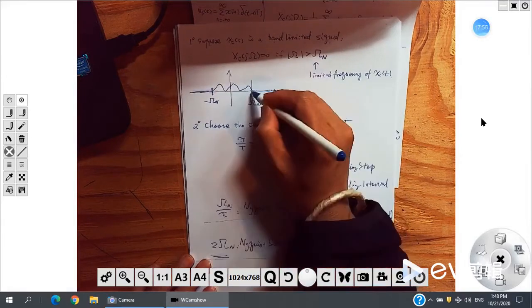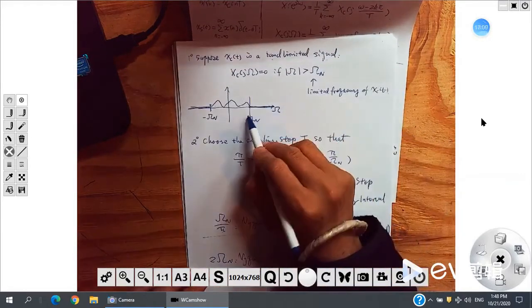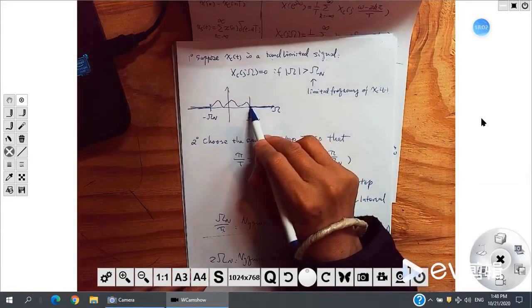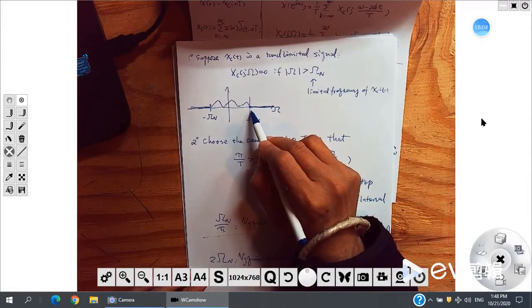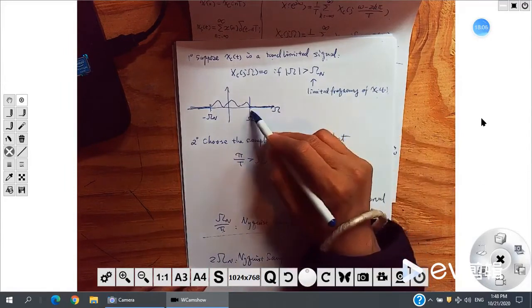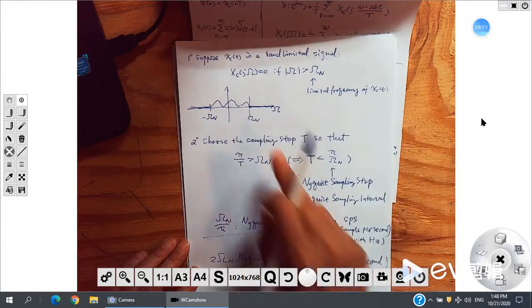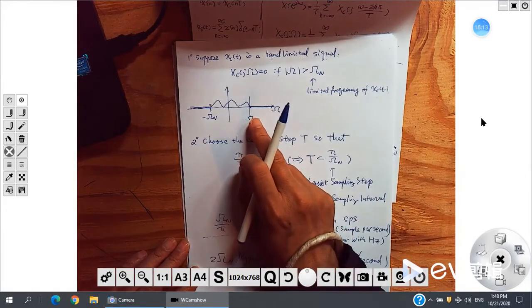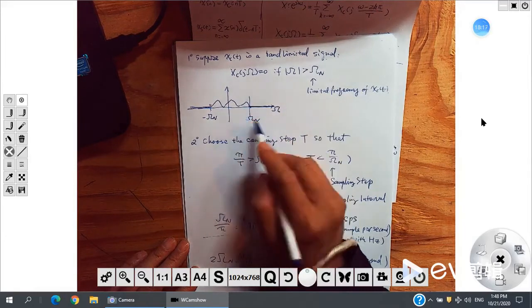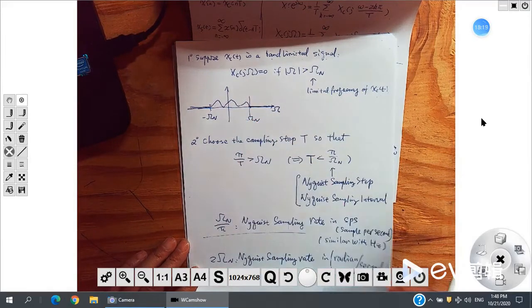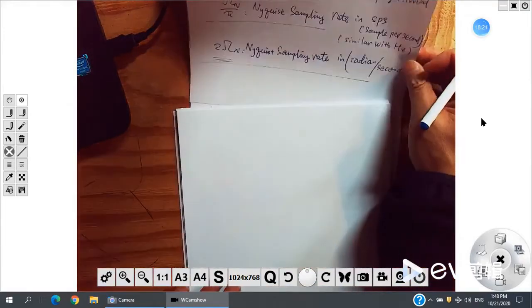So here is omega n. This is the limited frequency, or frequency limit, of the signal, the largest frequency of this signal. This sometimes is similar to what we call bandwidth, but bandwidth is not just this.